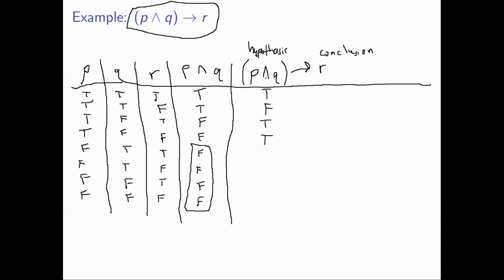And since the hypothesis is always false for those, it means the conclusion can have any truth value. It means R can have any truth value. And regardless of the truth value of R, the implication will be true. So this row is true. This row is true. This row is true. And this row is true.